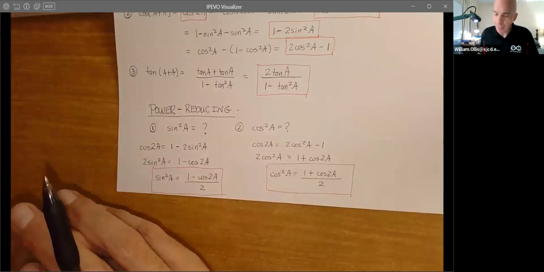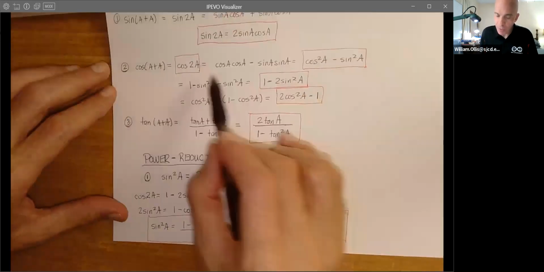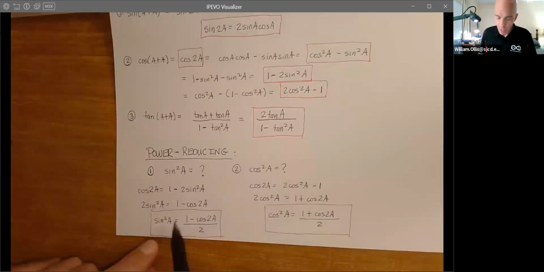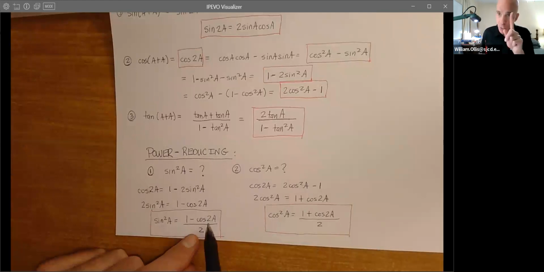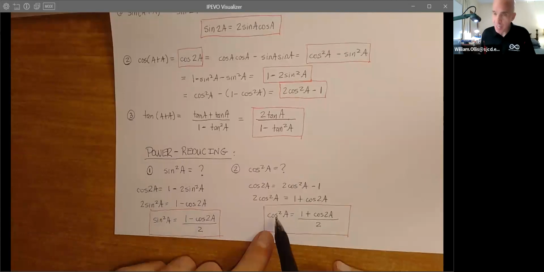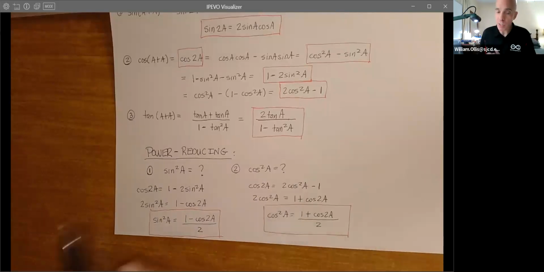So again, this one comes up a lot, but this one now, the double angle gives us the power reducing. So now we write the square of sine as a first degree cosine, degree 1, power reduced. We write the cosine squared as a first degree cosine, power reduced, hence power reducing.